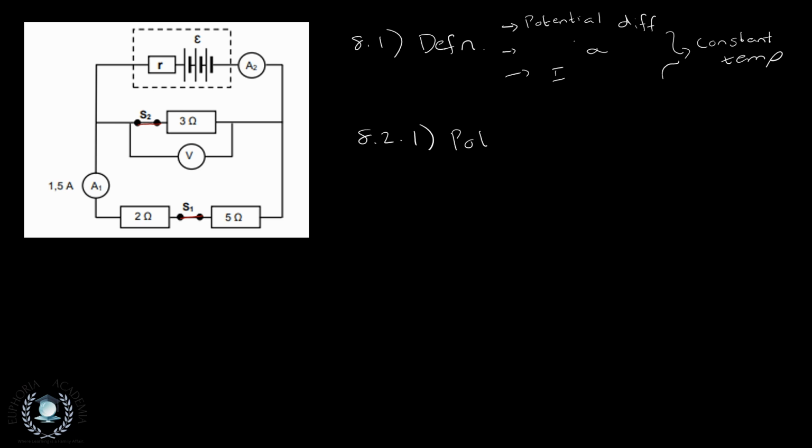Because the potential difference is the same for every branch of the parallel circuit. So voltage is the same in the parallel circuit. We don't know the current that's flowing through the 3 ohm resistor, but we do know the current that is going to flow through the 2 ohm as well as the 5 ohm resistor.